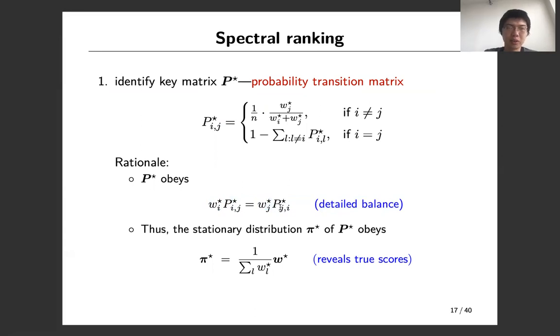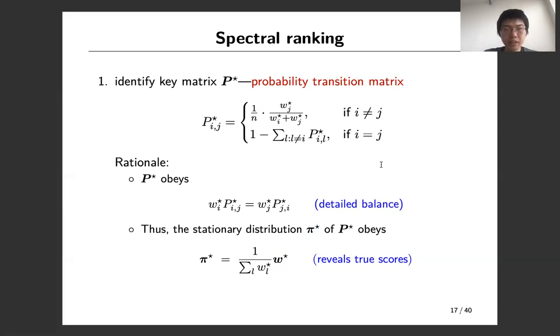Once a transition matrix satisfies this detailed balance condition, we know from the theory of Markov chains that the stationary distribution pi star of this Markov chain P star, or in the linear algebra sense, the leading left eigenvector pi star of this matrix P star, will just be the normalized vector of W star. So pi star is just W star divided by the sum of all the entries in W star. As you can see from this simple calculation, the leading left eigenvector of P star reveals the score vector we are seeking.